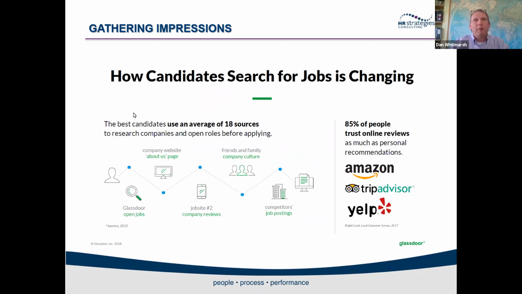So remember that comment a few seconds ago? This is the study I was referencing. On average, it takes 18 sources for somebody between the time they research a company and apply to a role. So they need to bump up against your brand 18 times on average before somebody makes a decision to actually pull the trigger and to apply.